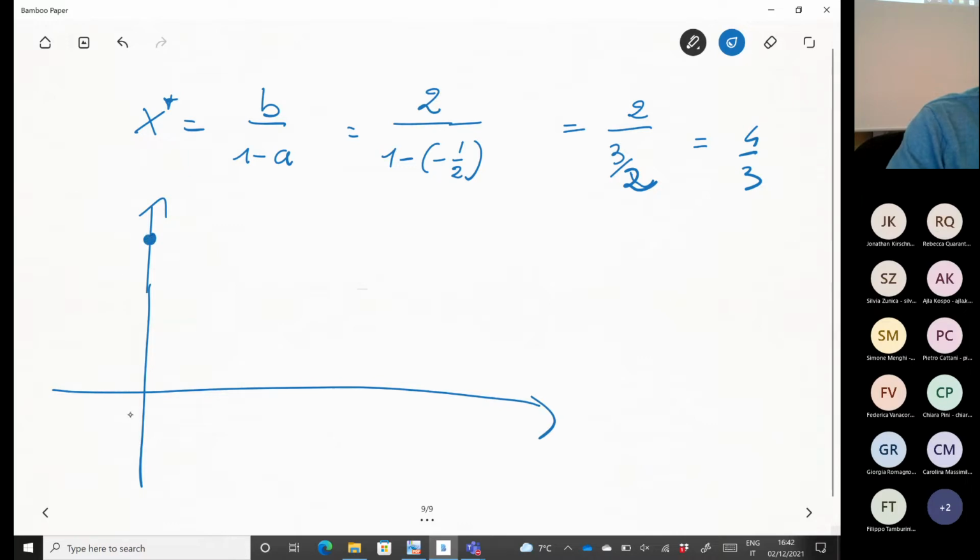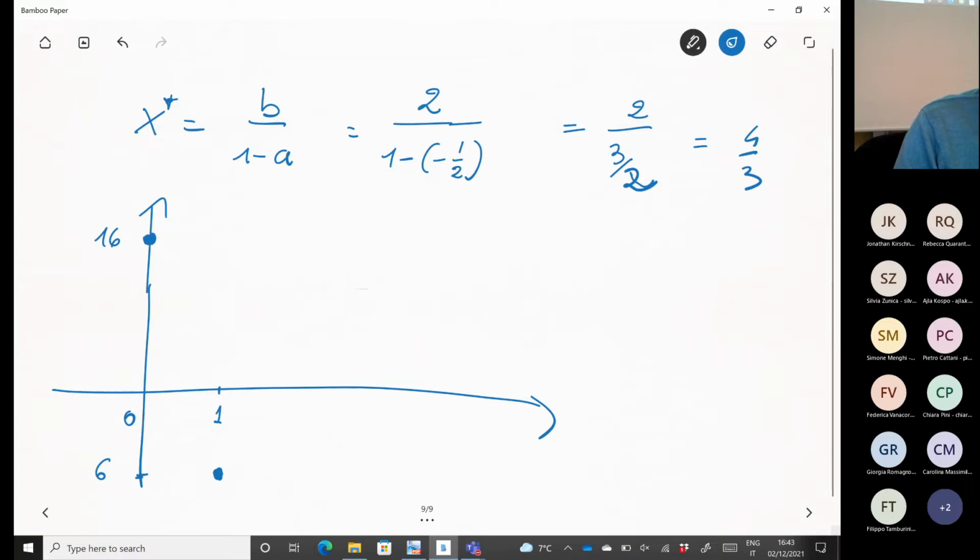Time 0, start from 16, jumps back to minus 6 at time 1, more or less here, okay? So this here is time 1. Time 0 it is here, the system, at time 1 it is here.